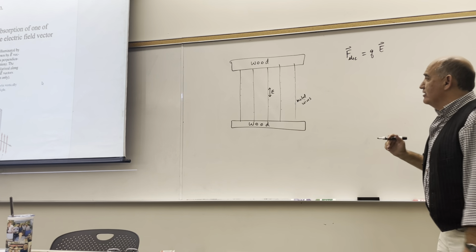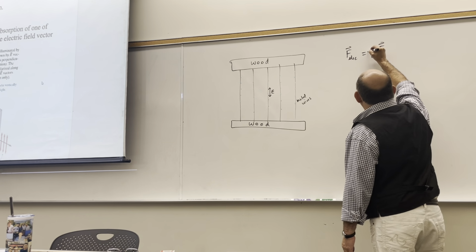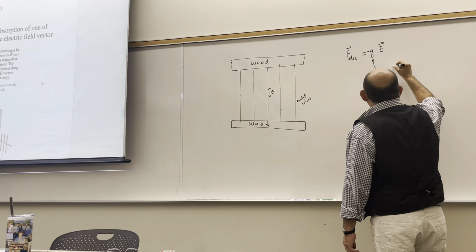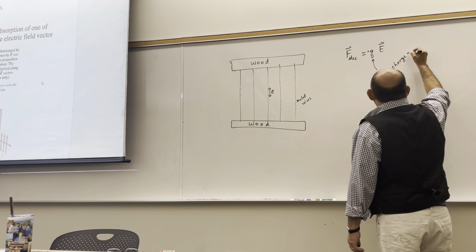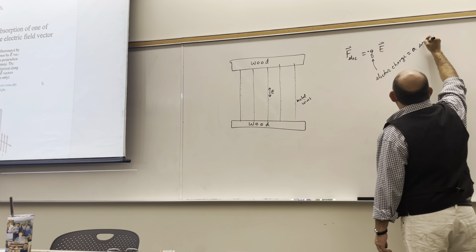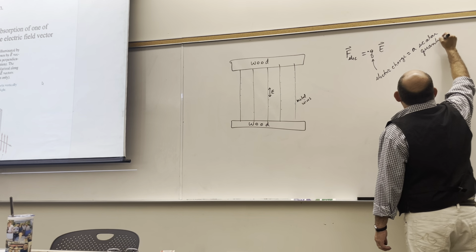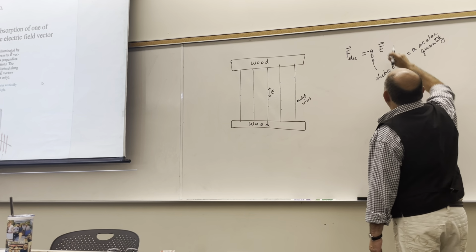The electrons are negatively charged particles, so they're negative. This is electric charge, which is a scalar quantity. Electric field is a vector quantity.